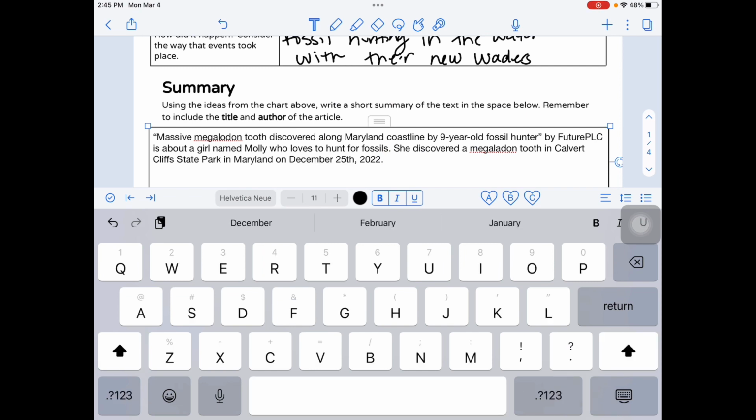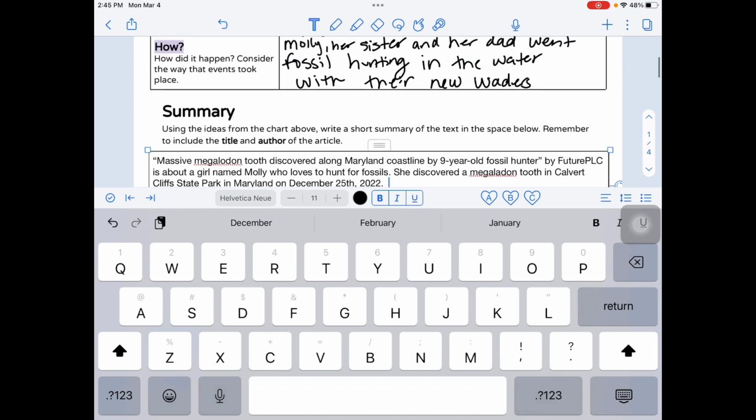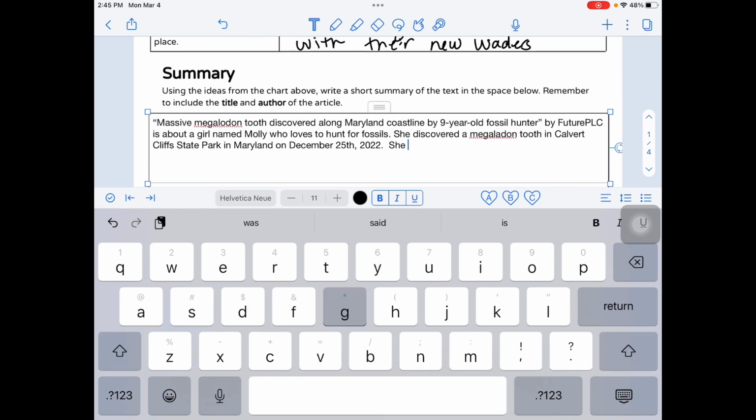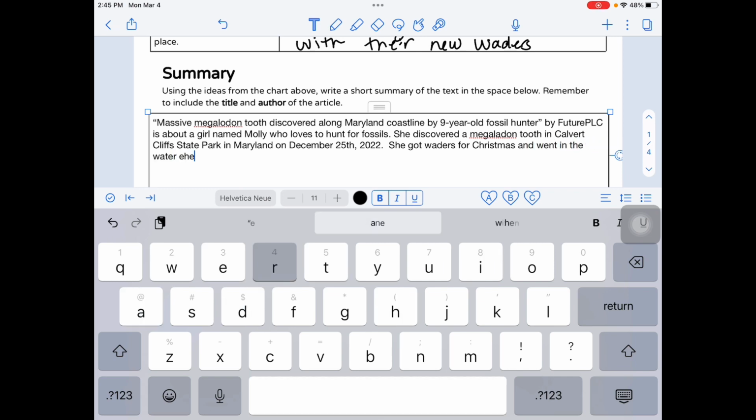My last sentence, I just got to sort of get the how and the why. Oh, I got the why, that she likes to hunt for fossils, but more so the how. So I'll just end by saying she got waders for Christmas and went in the water where she found the fossil.